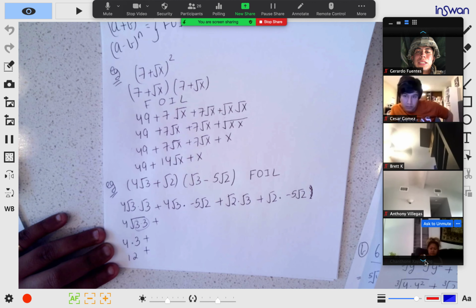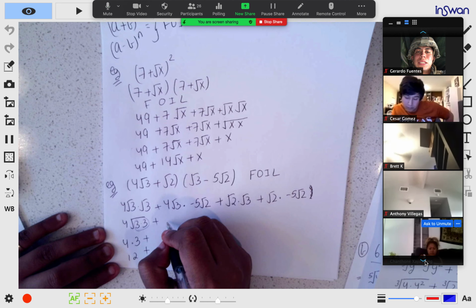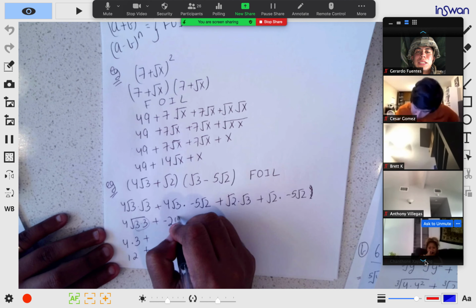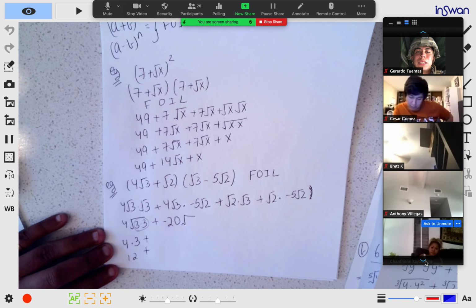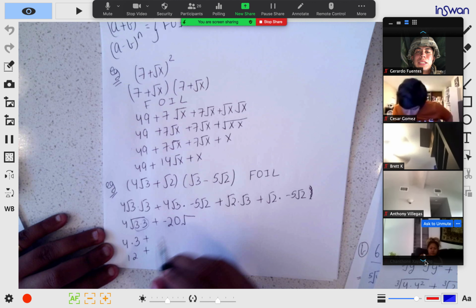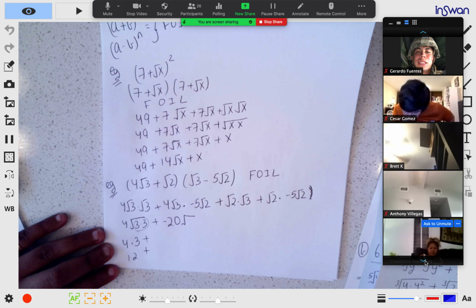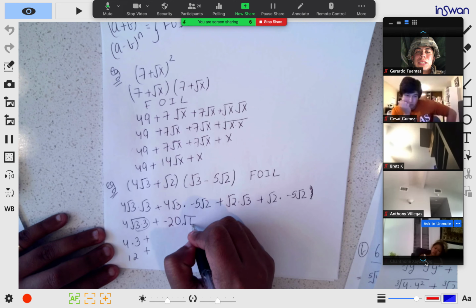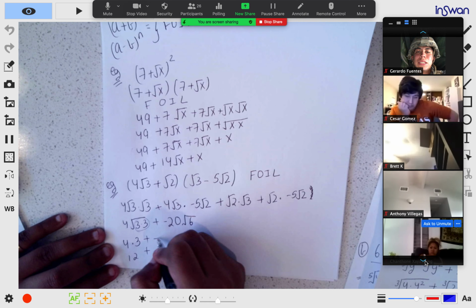Oh, so 4 times negative 5? Yeah. So that'd be negative 20? Negative 20, and inside the square root, what will I have? Do you combine the 3 and 2 together? Yes, since it's multiplication, you can combine. So you get 3 times 2, which is 6. And you cannot solve it further, right? Because you don't know what is the square root of 6.